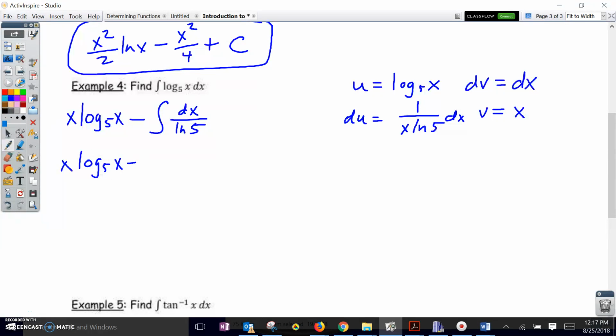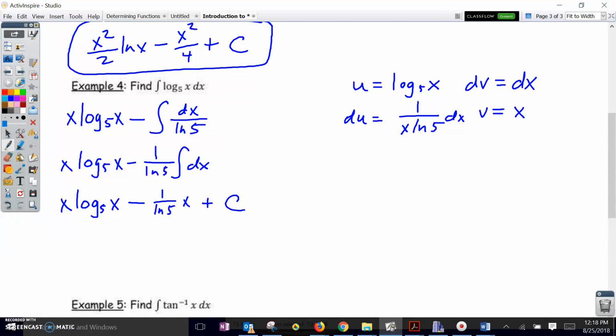And integrate that. It's just going to be 1 over the natural log of 5 times x, or x over the natural log of 5. Now I could shift this up a little bit.